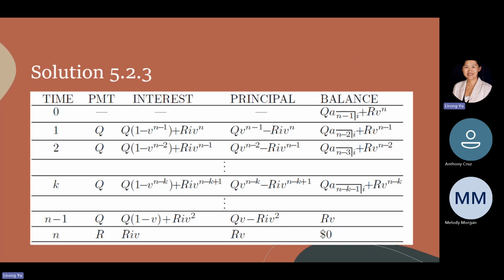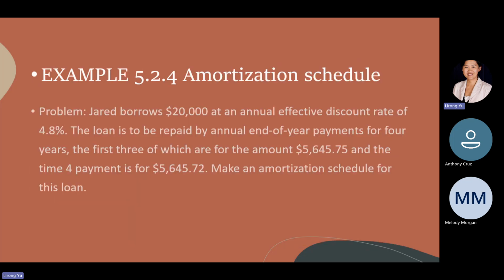So that one we went over, and we also have another example on coming up with a table. In this case, we have the Q, Q, R. In this question, the first 3 all equal Q with 5,645.75. The last payment is R with 4,645.72.